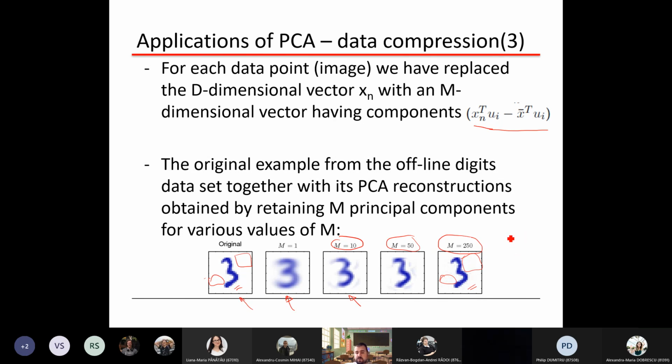We kept only 250 dimensions, so M equals 250, while d was 784. So we only kept about a third of the data to represent all the data from the dataset.